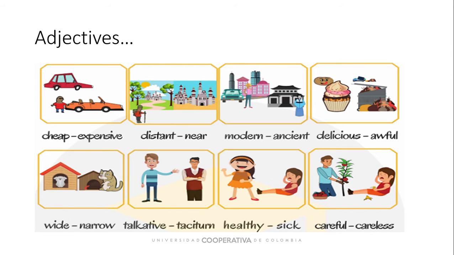Another example is about food. We are describing this muffin with the adjective delicious, and this trash with the adjective awful. Then, now we are clear about the concept of adjective.